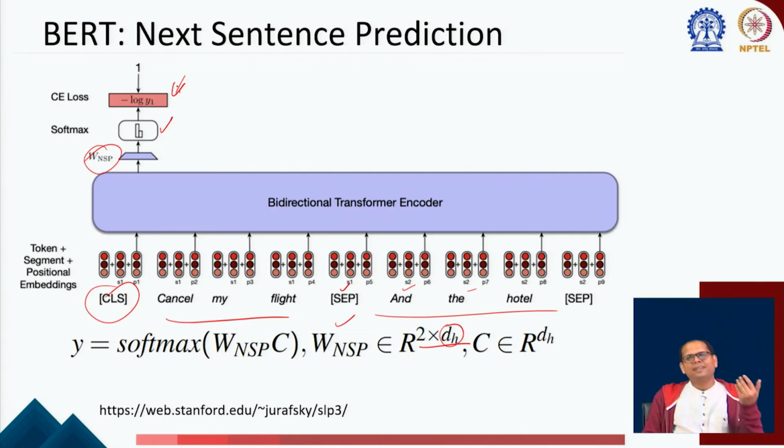Now, why did they add this next sentence prediction loss to the MLM loss? The reasoning was that many of the tasks require more than one sentence and doing certain reasoning between them.